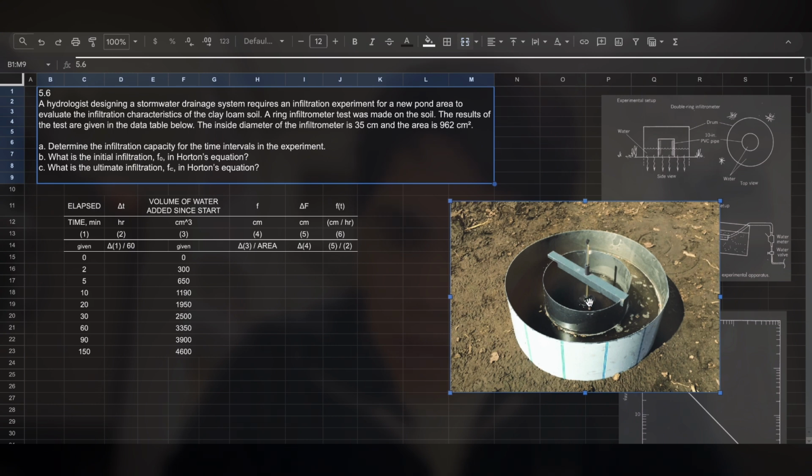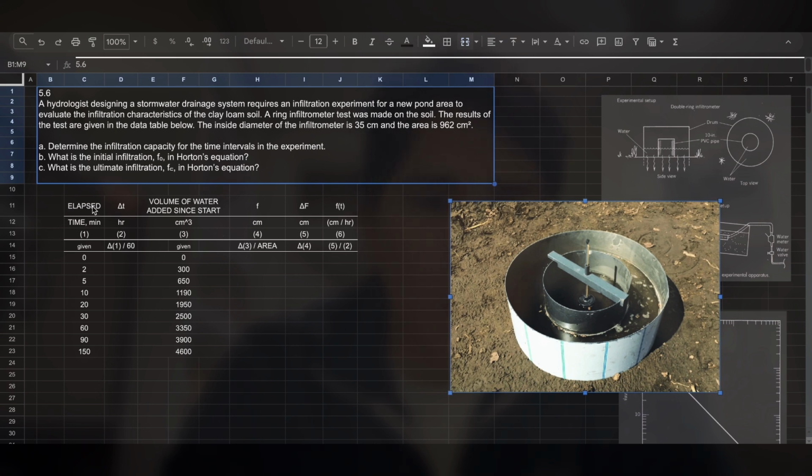I think it's plastic, so it's gonna elevate with the water. As the water is infiltrating, the water depth is gonna be decreasing, and you can read that right about here because it has a tape. So you take the measurements at given intervals of time.